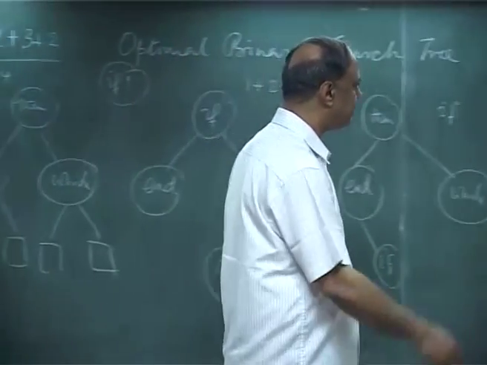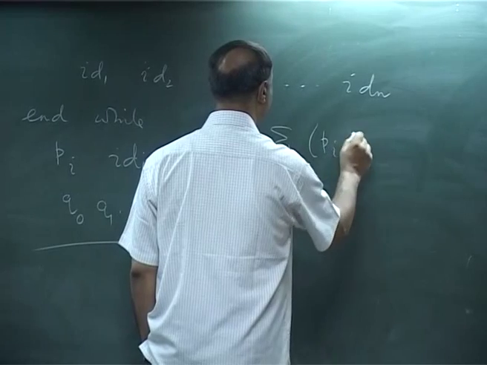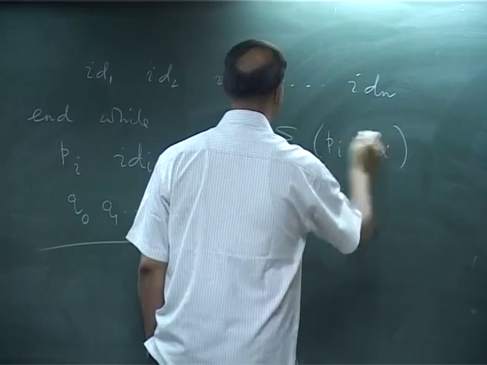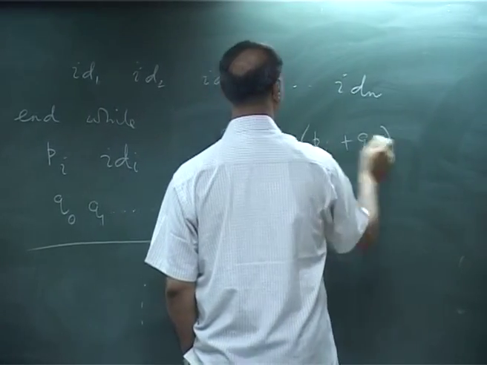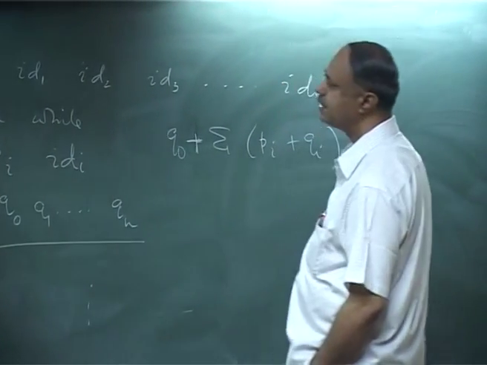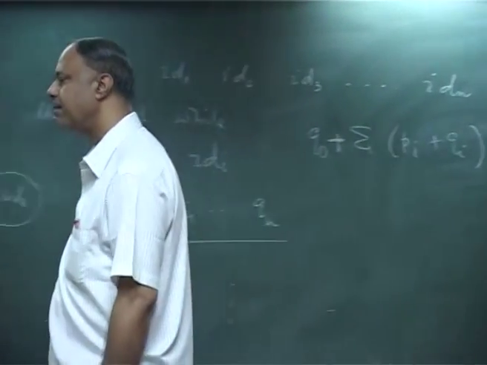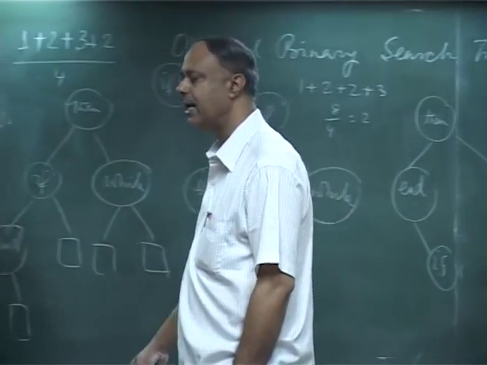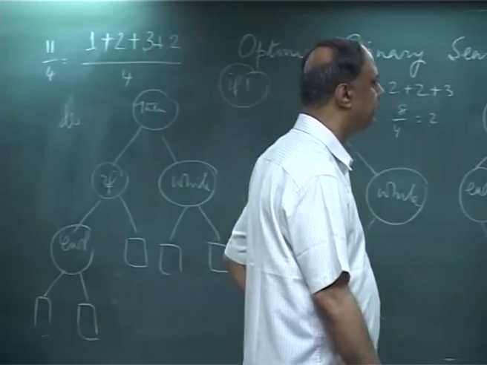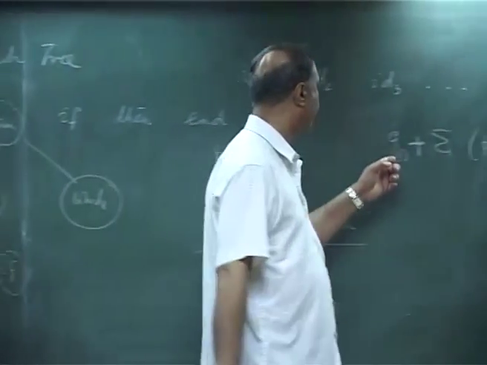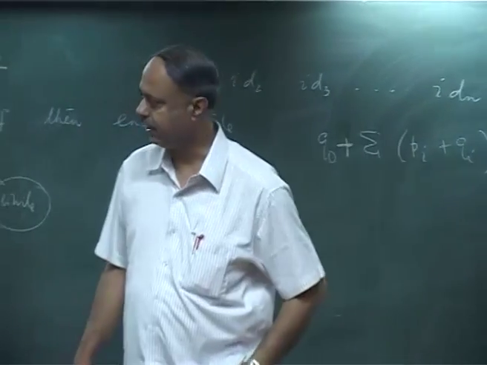Right? So the summation over Pi plus Qi plus Q0 is 1. Pi is the probability for the ith identifier successful search, and Q0, Q1, Q2, Qn are the probabilities for unsuccessful searches. Then you have Q0 plus summation over Pi plus summation over Qi equals 1.